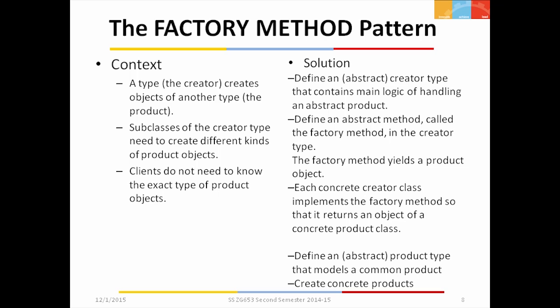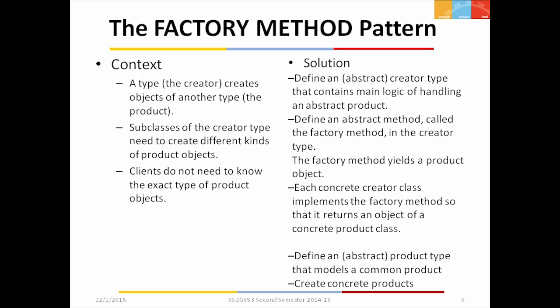So here the solution is to define an abstract creator type that contains the main logic of handling an abstract product, and define an abstract method called the factory method in the creator type. So this factory method essentially yields a product object.